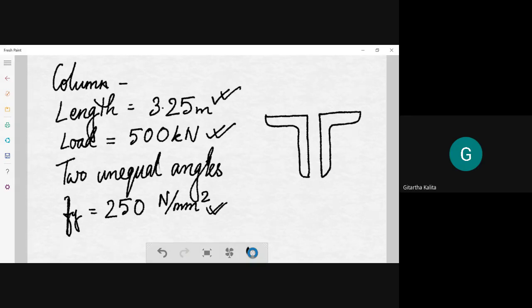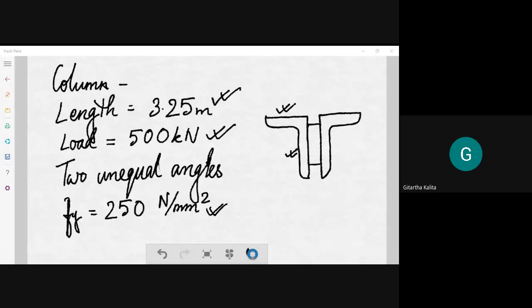Are you getting my point? There will be one plate also connected. So this is the top view of the column, and these are two unequal angles. That means this leg and this leg are of different lengths.